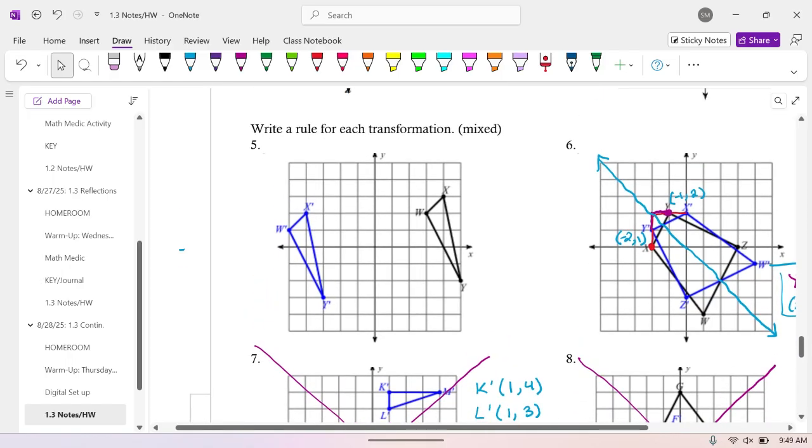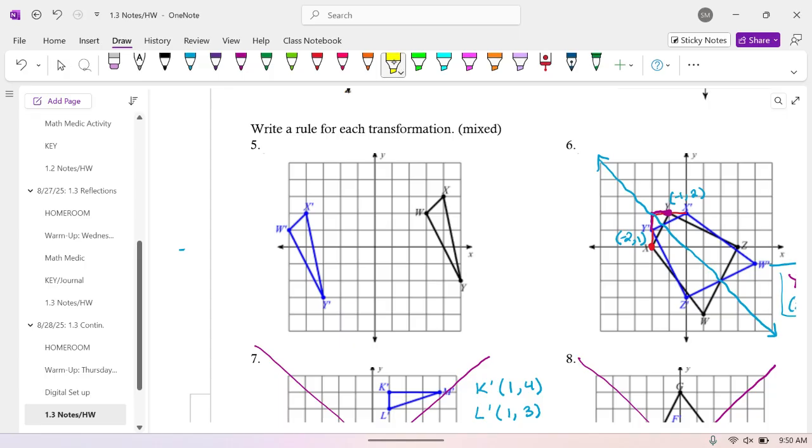And also 5 is a translation if you didn't realize that. So if it just says write a rule for each transformation, that means they're throwing in something extra at you. All right.